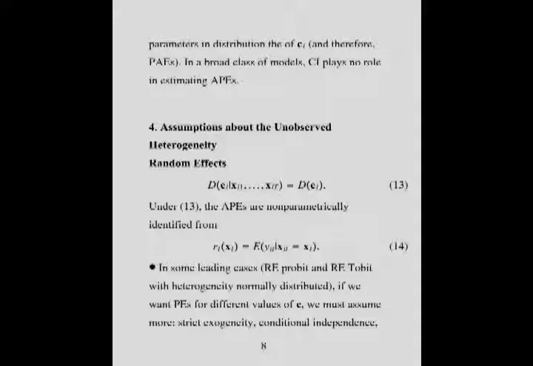So then we basically covered this also. The so-called random effects assumption is that the heterogeneity is independent of all the x's. This identifies, interestingly, the average partial effects, not surprisingly, because the average partial effects are obtained from the regression of y on the observed covariates.